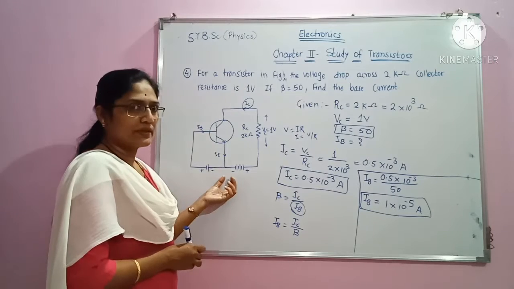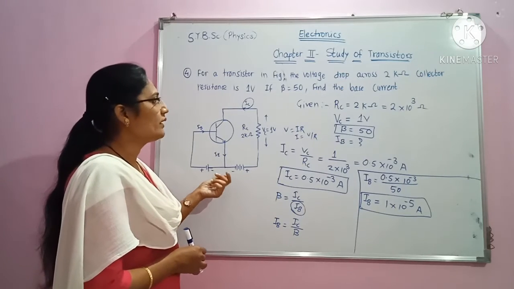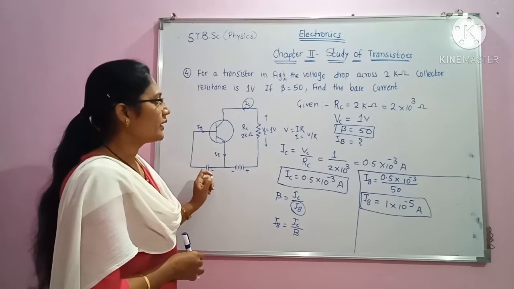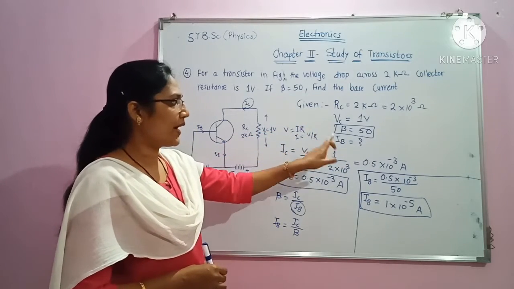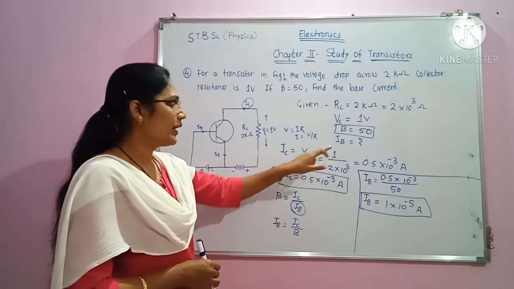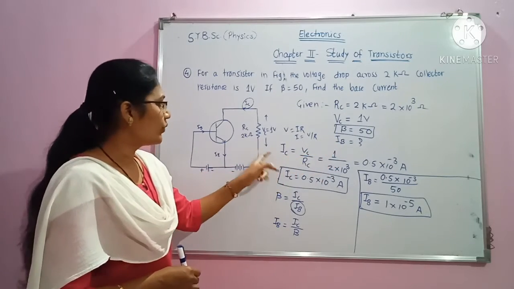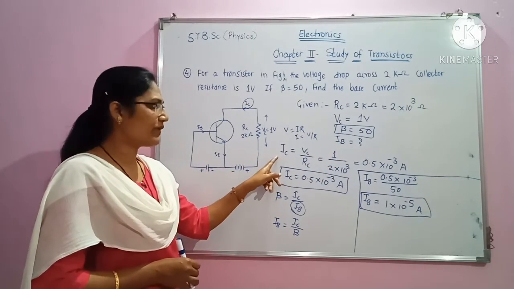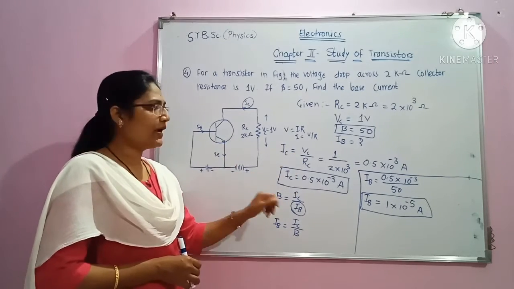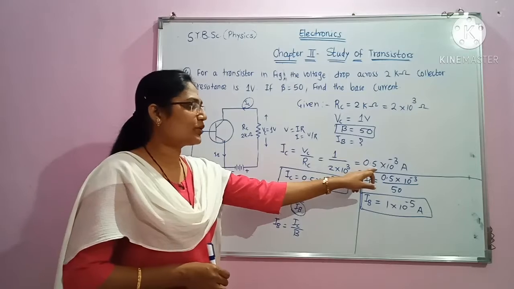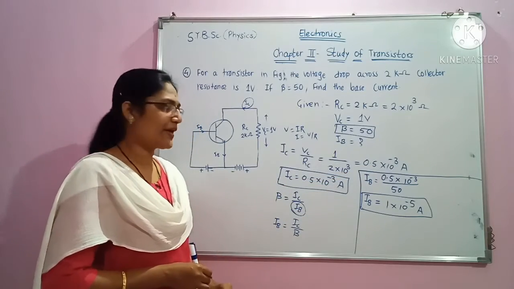Even though there is a circuit, this example was very simple. In this, RC is given, VC is given, beta is given, and we have to calculate IB. In order to calculate IB, we first found the value of IC by substituting the values of VC and RC, and it comes out as 0.5 into 10 raised to minus 3 ampere.